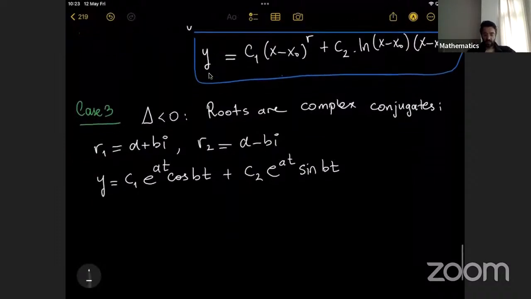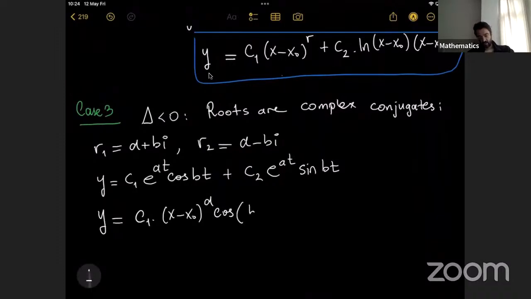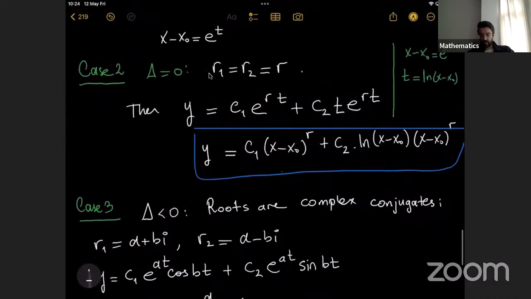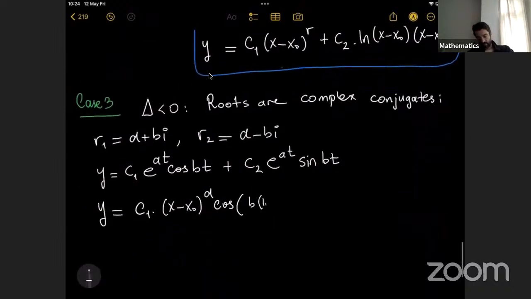Again, we return to the original variable x, so y is equal to C1 times e to the At, which is x minus x0 to the A, okay, cosine bt. Cosine bt is cosine of b times, remember t was ln of x minus x0. This is hard to memorize, I agree.